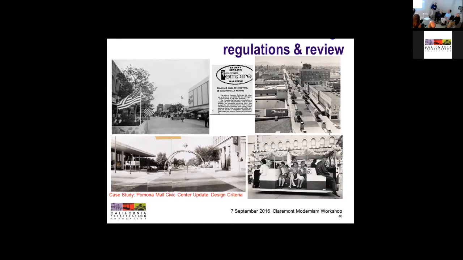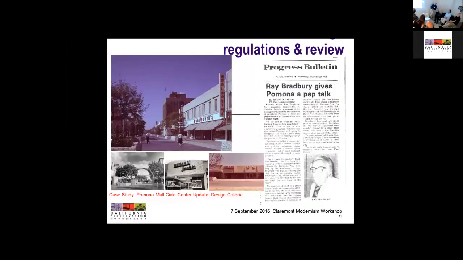But again, you have this question: how did you effectively gut the livelihood of this sort of mall by having transportation now being by foot or by 5 cents a ride cars? This was a newspaper article from 1978 with Ray Bradbury, noted author, talking about saving the Pomona Fox Theater and doing anything you can to get downtown moving again.